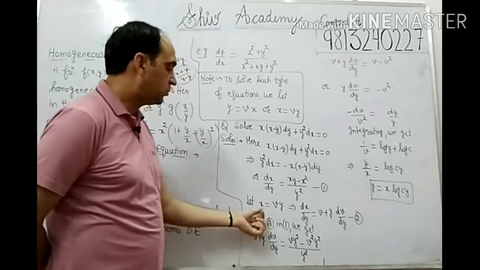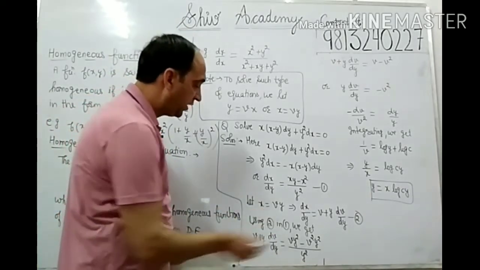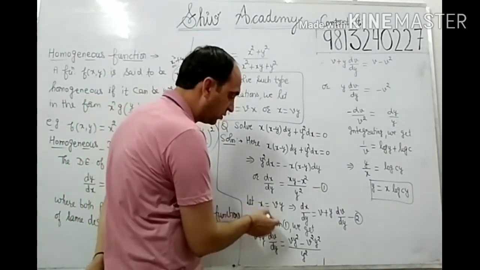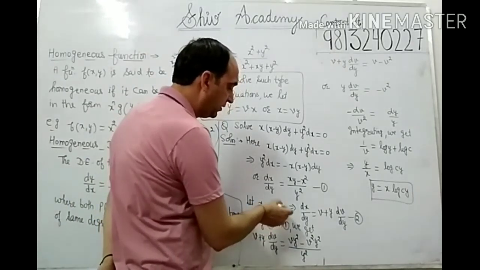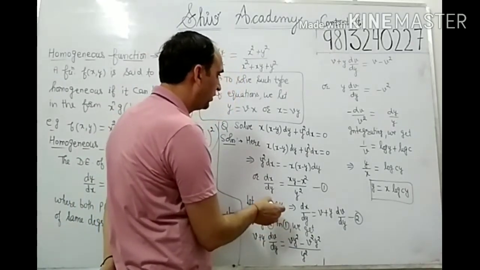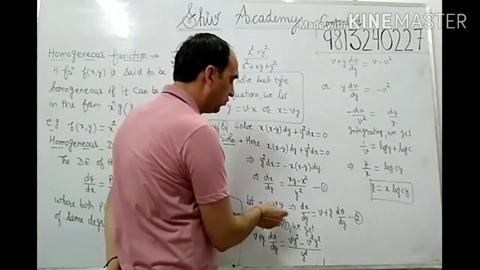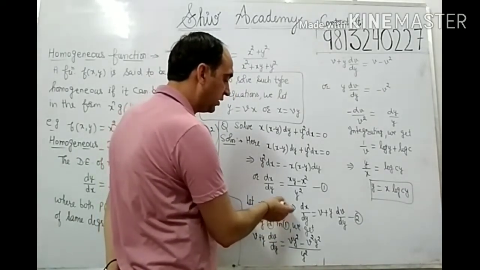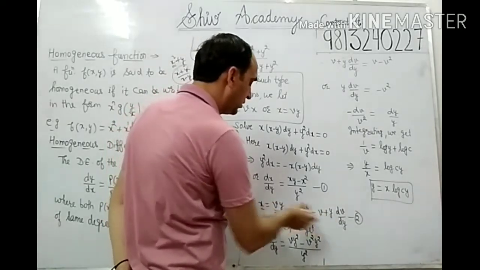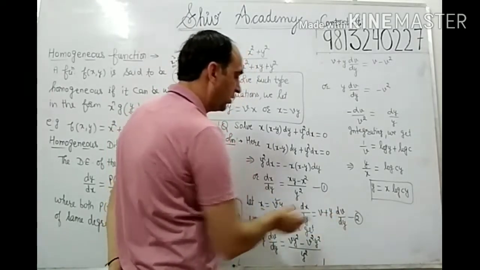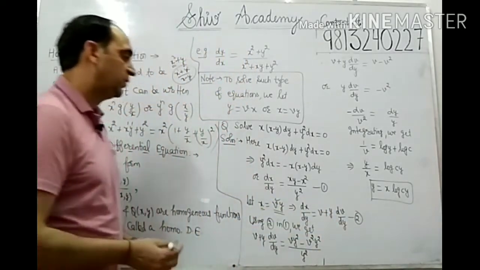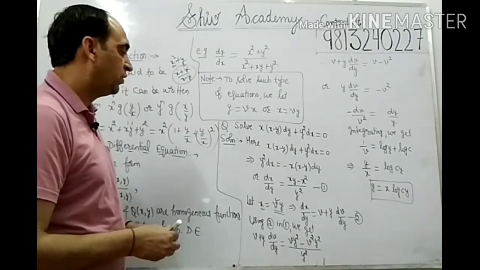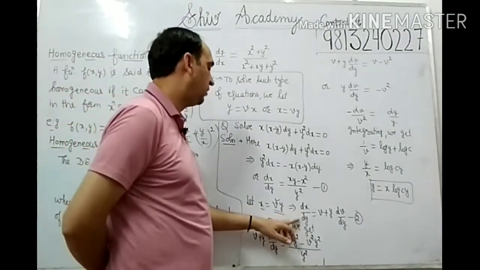So we are making the substitution x equal to vy. We are differentiating both sides with respect to y. So it is dx upon dy, and here v is also a function of y. Remember that. Clear? So we differentiate it by the product rule. V as it is, derivative of y is 1, plus y as it is, derivative of v is dv upon dy. So we put the value of dx by dy in equation 1.